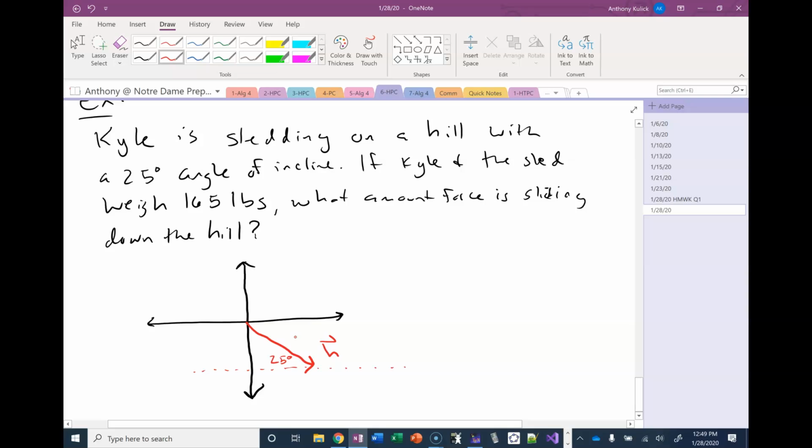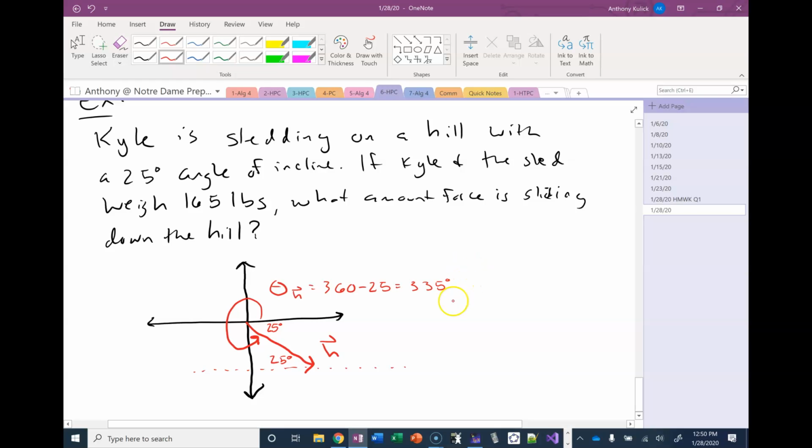So the angle with respect to the horizontal that the hill makes is 25. And by the alternate interior angles theorem, this angle is also 25. Everybody agree with that? So the direction for vector h is going to be 360 minus 25, or 335. Everybody okay there?